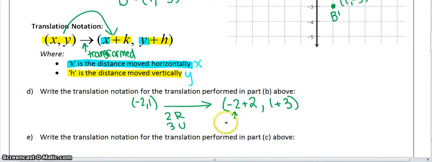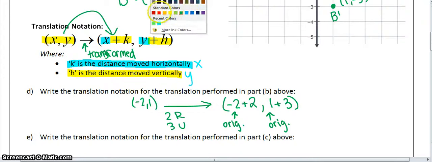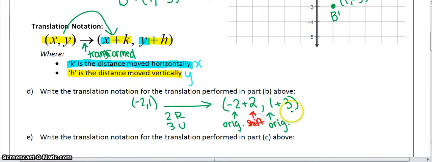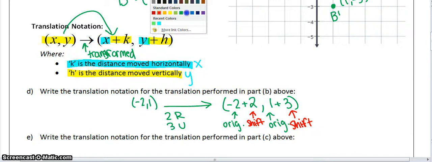So this is my original, and this is what I'm going to call the shifted coordinate. I shifted right 2, and I shifted up 3. This is the more specific way to write it.